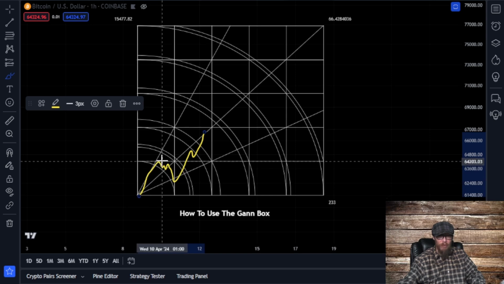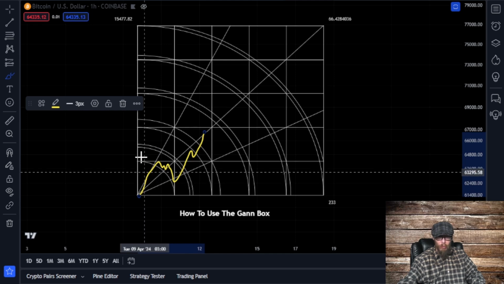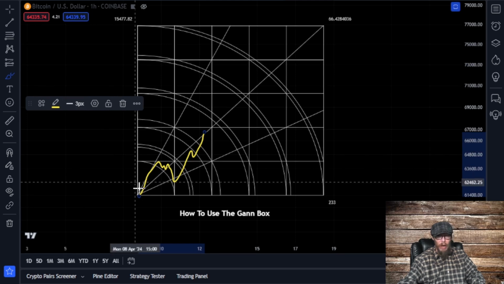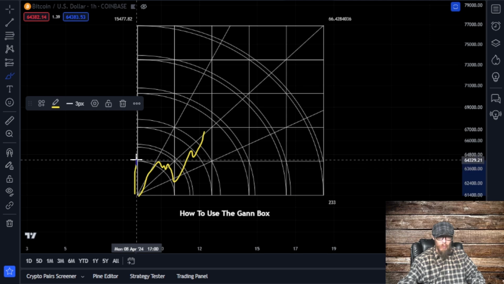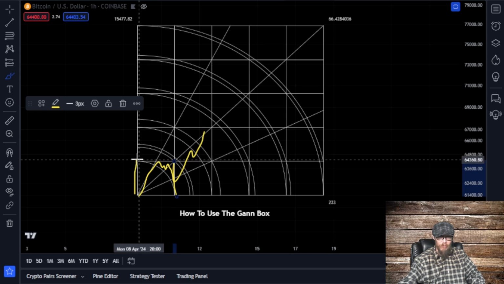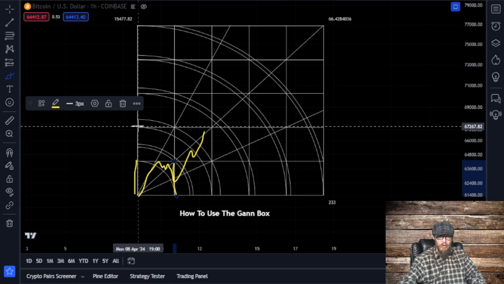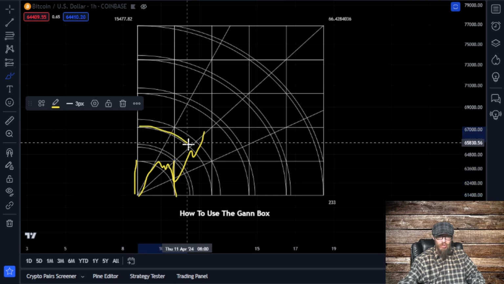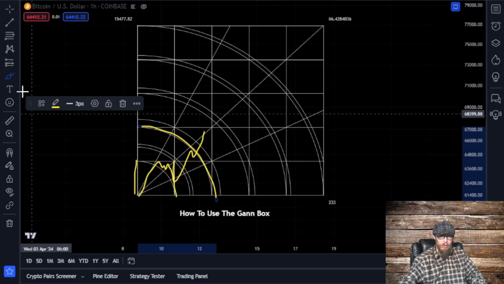We have our rise versus run of our first little impulse here. So what we're looking at is we want to set our Gann box to match up this first amount of rise with this first amount of run. And what it's telling us is it's taking this relationship and it is expanding that relationship of rise versus run out into the future.